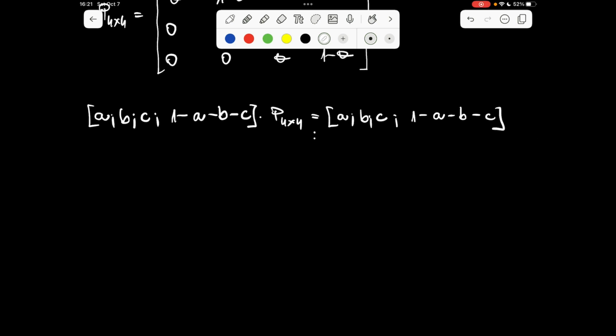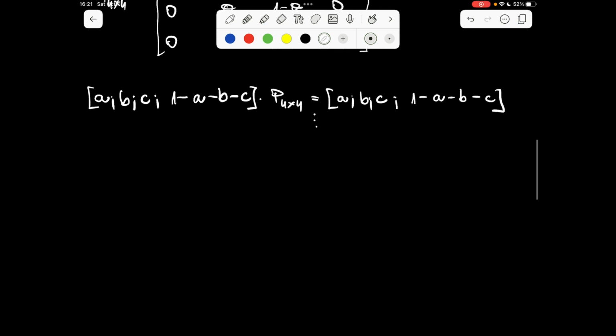It takes some math, so you need to calculate this multiplication, and in the end, after a few steps, we will have 4 equations.